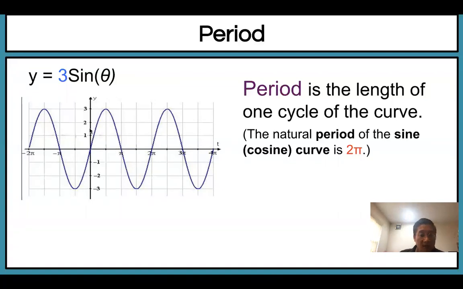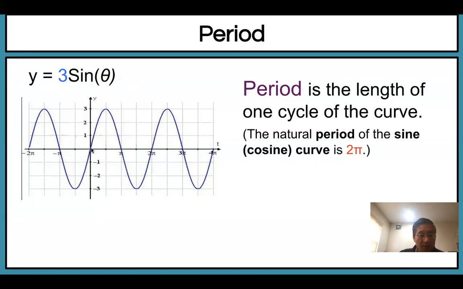But this is not one cycle, up to here. It goes up and down and back. This is a whole cycle, right? Up to 2 pi or 360 degrees. And you see, it keeps repeating in the negative direction also, right? Like this. So what is the period? The length of a whole cycle.